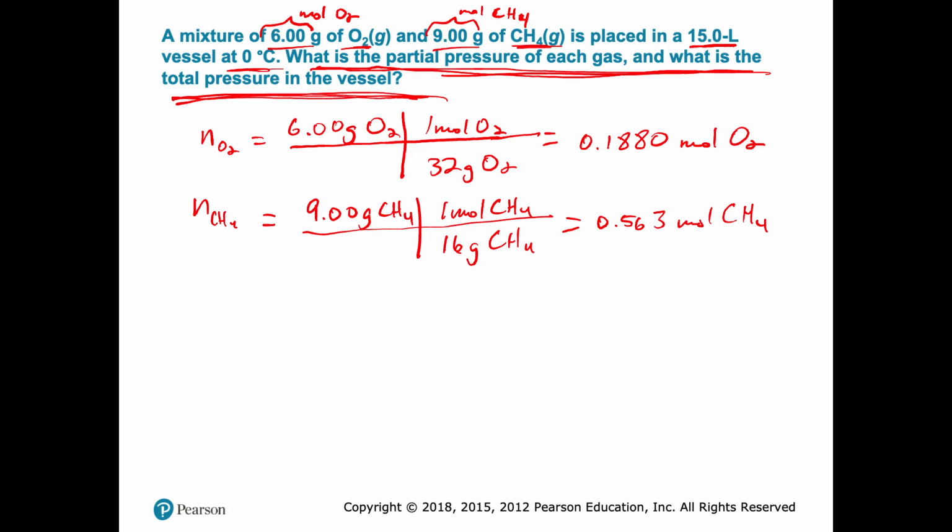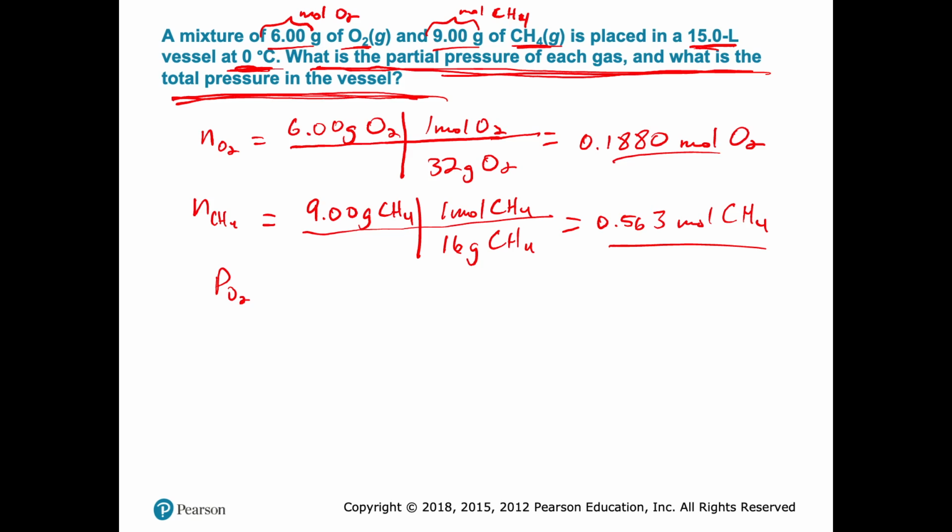So now that you have moles of oxygen and moles of methane, you could use that with PV equals nRT to figure out the pressure, because I gave you a temperature here and a volume. So let's do the pressure of oxygen first.